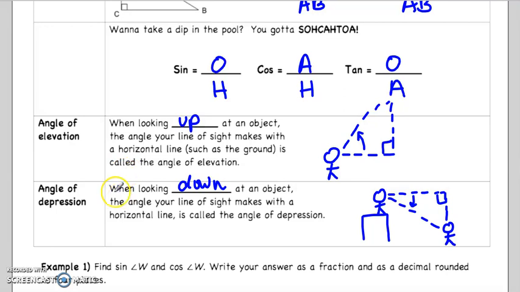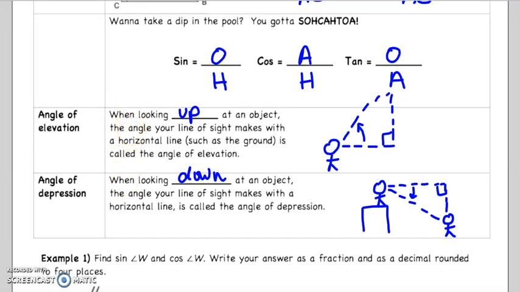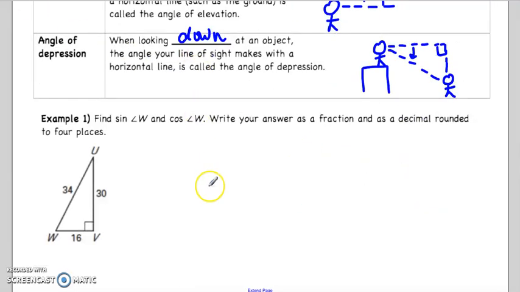All right, so now let's go ahead and practice our first trig function and our second trig function, the sine and cosine. So we have triangle UWV. We are going to find the ratios of the sine of W and cosine of W. So to find the sine of angle W, we are going to start with angle W and find, again, the opposite divided by the hypotenuse.